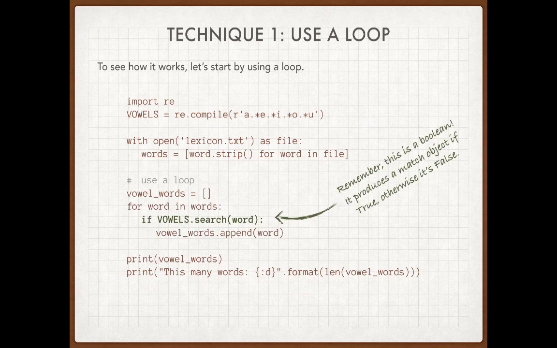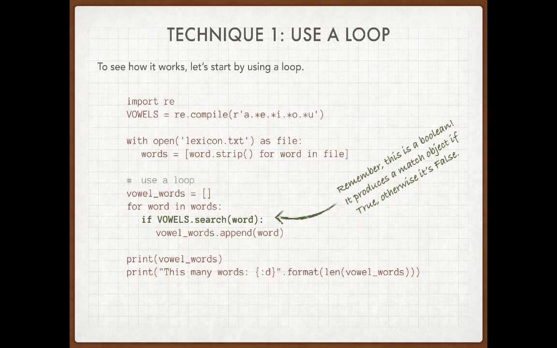Now remember, if vowels dot search, my regular expression search method, matches, I get a match object in return, and that is, according to Python, truthy. If I don't have a match, the regular expression will return none, and that is falsy.